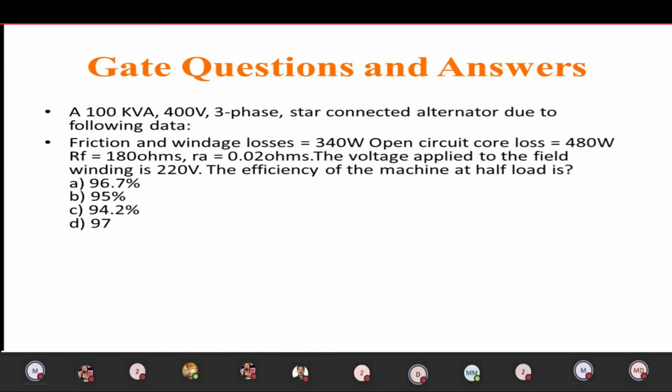So friction and windage loss is equal to 340 watts. Open circuit core loss is equal to 480 watt. The RF is equal to 180 ohms and RA is equal to 0.02 ohms. The voltage applied to the field winding is 220 volt. The efficiency of the machine at half load is 96.7, 95 percentage, 94.2, 97.